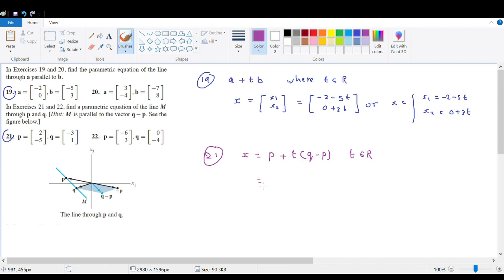So this will give us, our p is (2, -5), then plus t multiplied by q - p, so -3 - 2, this will give us -5, and 1 - (-5) will give us 6. So this is a parametric equation of the line M through p and q and parallel to the vector q - p.